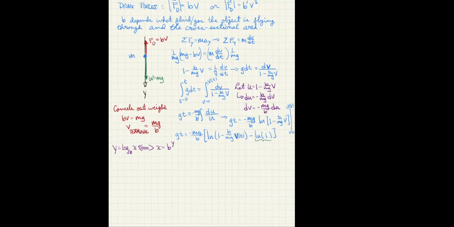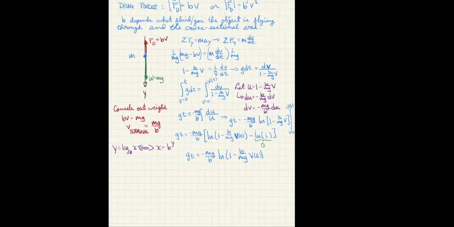So the ln of 1 is 0, and now we have gt equals negative mg over b times the natural log of 1 minus b over mg times v of t, like that.